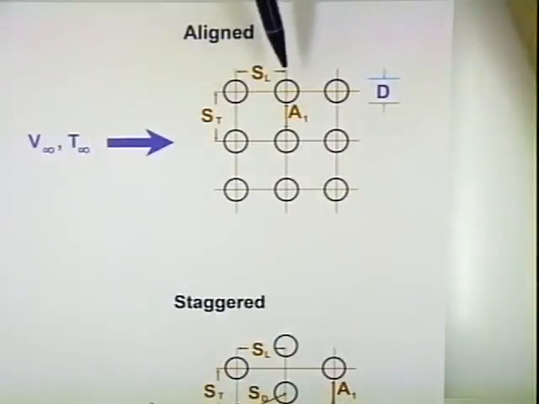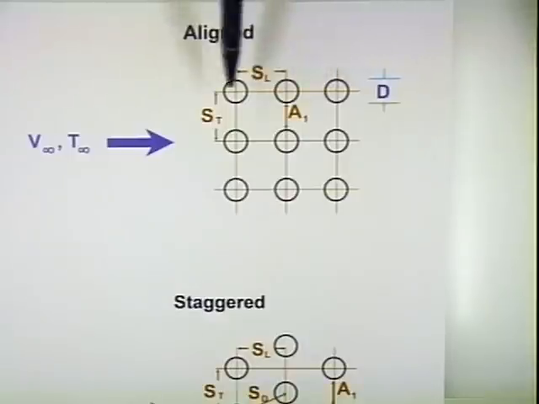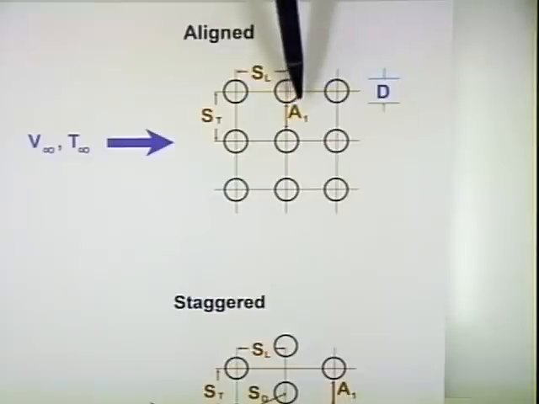We have four important dimensions here. We have the diameter of the tube over here, and then we have ST, which stands for the transverse pitch, the distance between the center lines in this direction, and then we have the longitudinal pitch, which is the distance between the center lines in the direction of the flow. And then finally we have the area between the tubes.